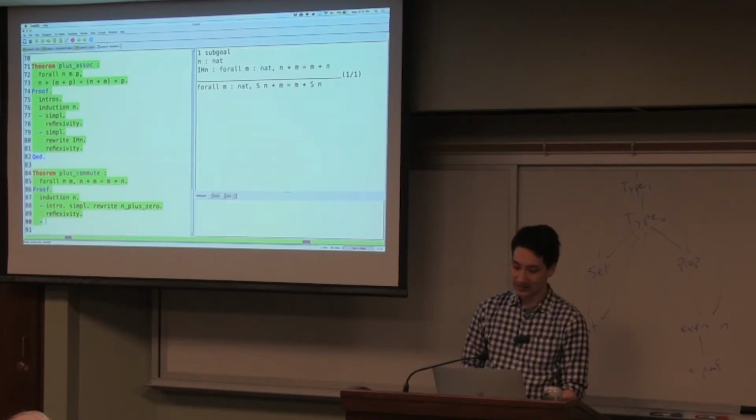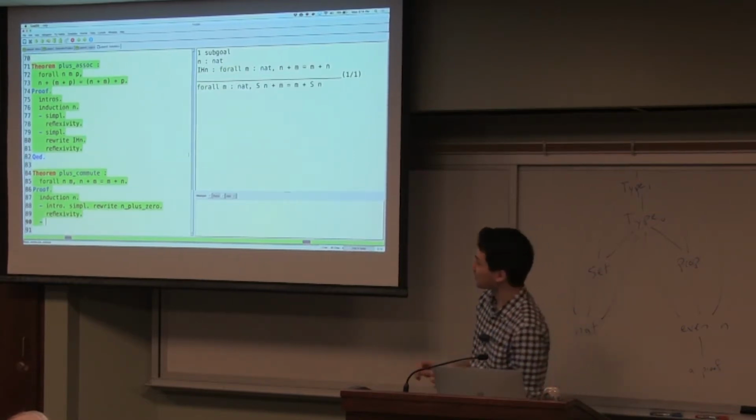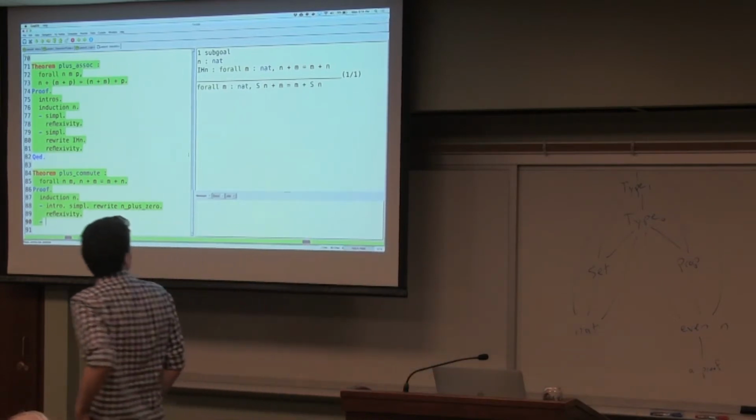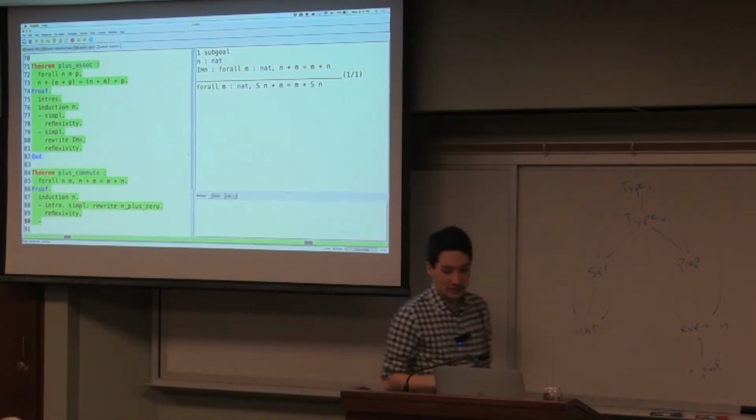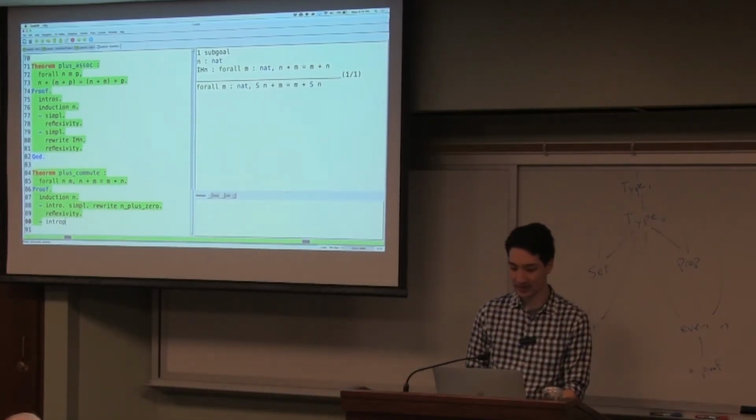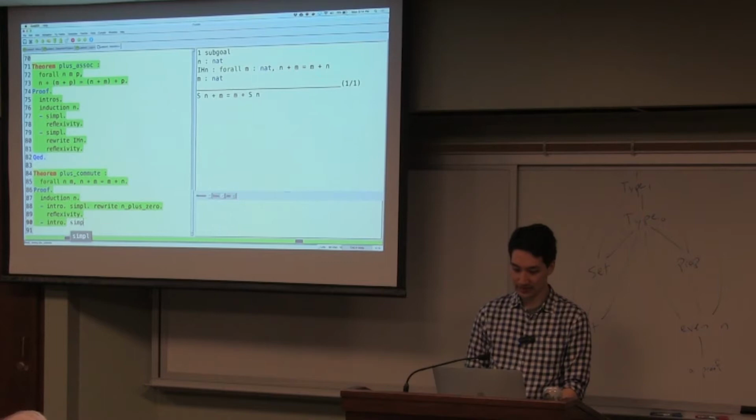And here it comes. I think this one's going to be a problem, but just use the definition of addition on the left. Let's just simple for the whole thing and see what happens. Let's do the intro, I guess. Get that m out of there. And then simple.